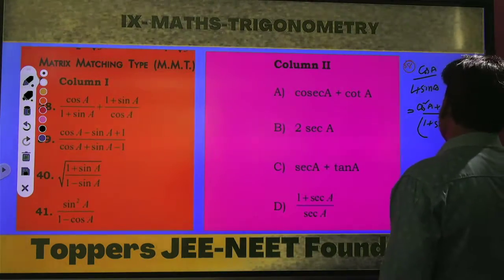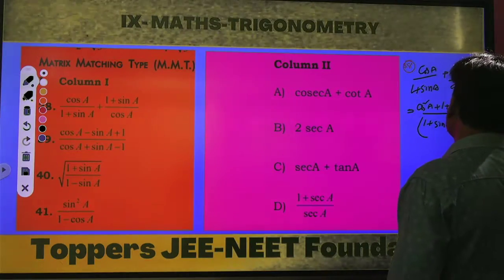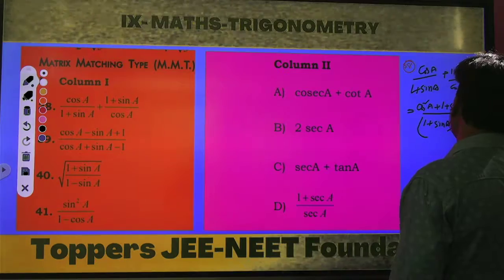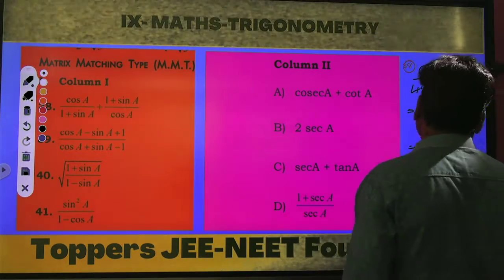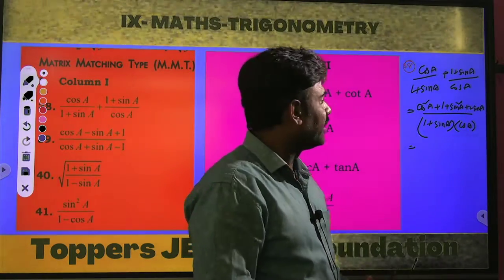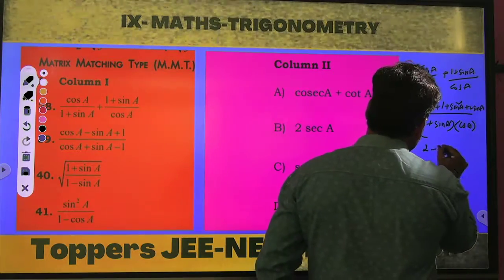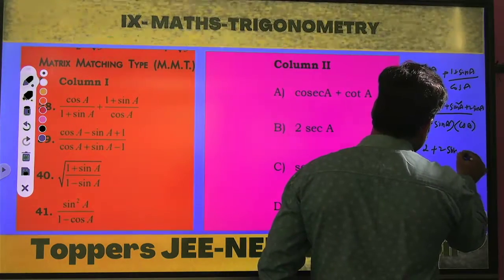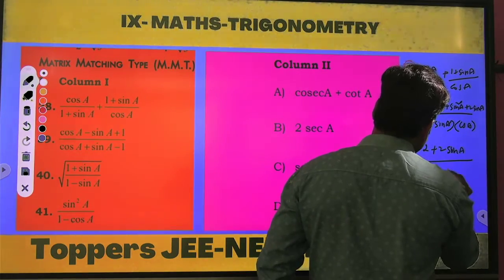Expand it: 1 square plus sin square A plus 2 sin A. But here students, cos square A plus sin square A can be taken as 1 from the first trigonometric identity. 1 plus 1 is 2, so we get 2 plus 2 sin A by 1 plus sin A into cos A.